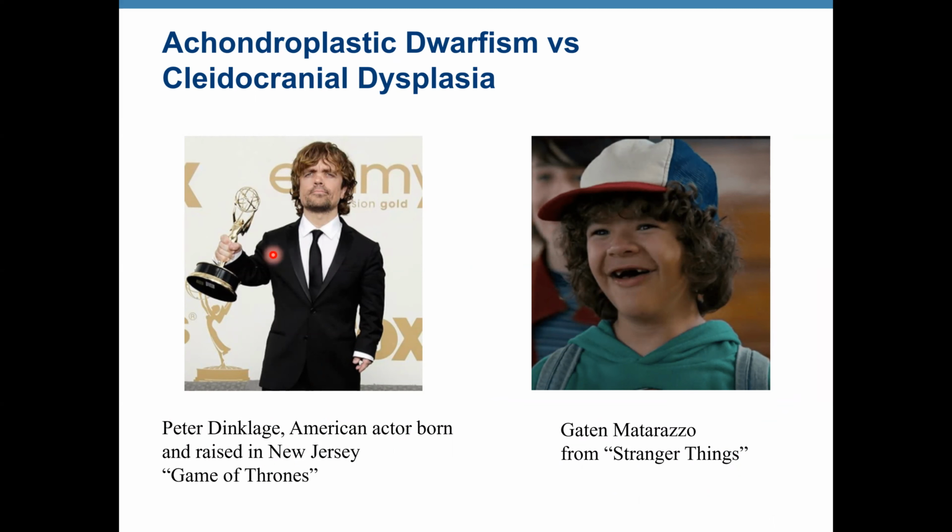This is where endochondral ossification does not work, right? So bones do not grow in length, and people are born as dwarfs with very short arms and legs, right? So endochondral ossification is impaired. Cleidocranial dysplasia is when, during embryonic development, there is a problem with intramembranous ossification.